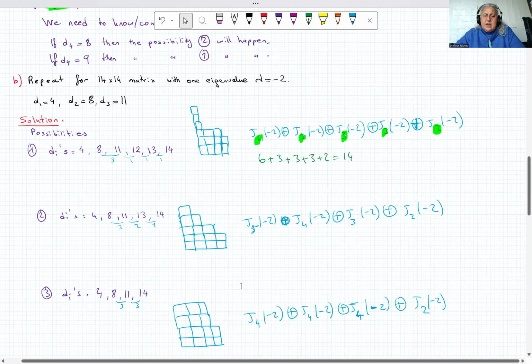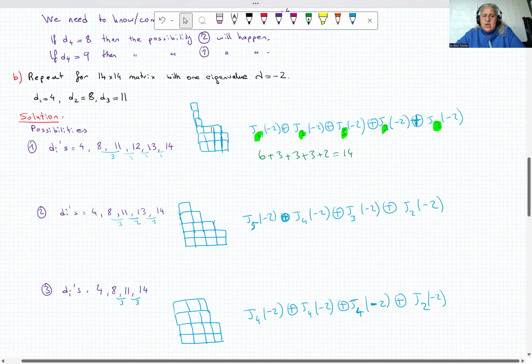And for this case, we have 1, 2, 3, 4, 5, 6. 6 for the first one, so that's J6. Then we have J3, J3, J2. These are the ones that we have. And if we have this situation, we have 1, 2, 3, 4, 5. J5 for the first block. J4 is the second.